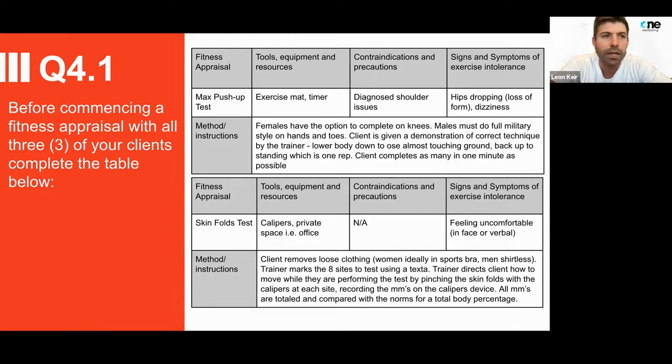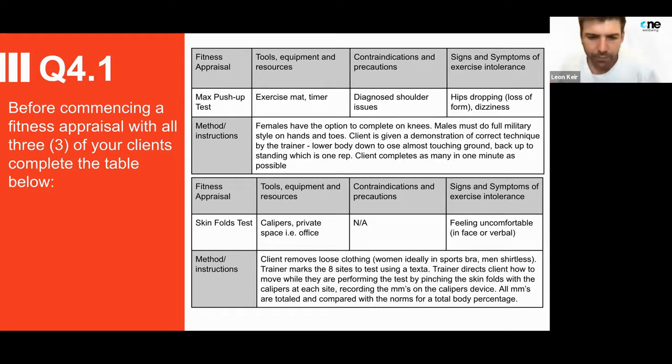So just making sure that you keep it consistent. If they do it on their toes, when you retest them, they retest on their toes, and vice versa. If they do it on their knees, when you retest them, make sure they do it on their knees as well. So max push-up test, guys, pretty easy. How many push-ups they can do without stopping.